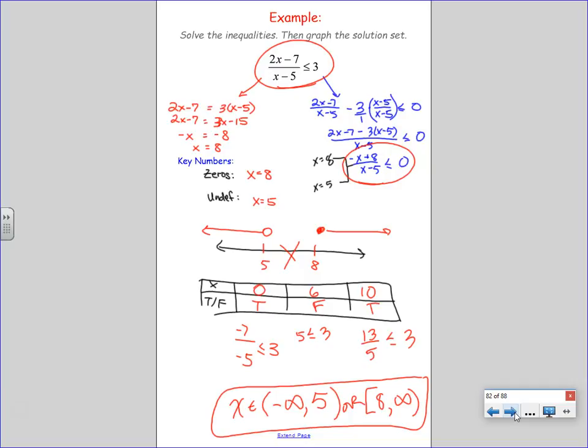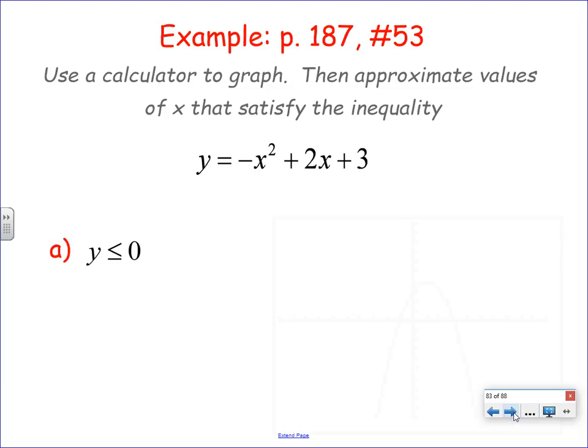That's kind of hard. Maybe I would subtract the 3 to the other side. I could graph this function with the 3 subtracted and say, where is it less than or equal to 0? Or I could graph this function, graph y equals 3, and say, where is this function below 3? I could find my intersections, and that would be like my zeros of the other. Anyway, that's what's going on.